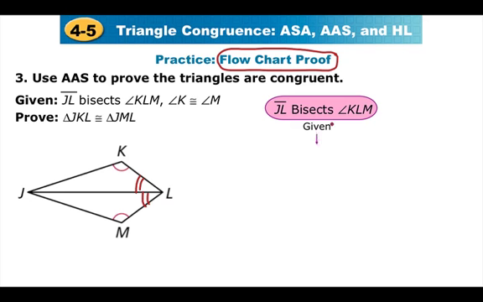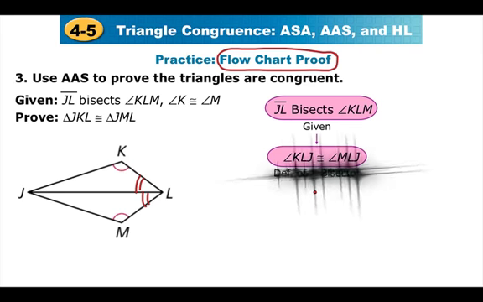And that's basically what we can generate from this statement, that angle KLJ is congruent to angle MLJ. Why? By definition of angle bisector. This is the statement, and notice that right below, this is what would normally be the reason in a two-column proof.